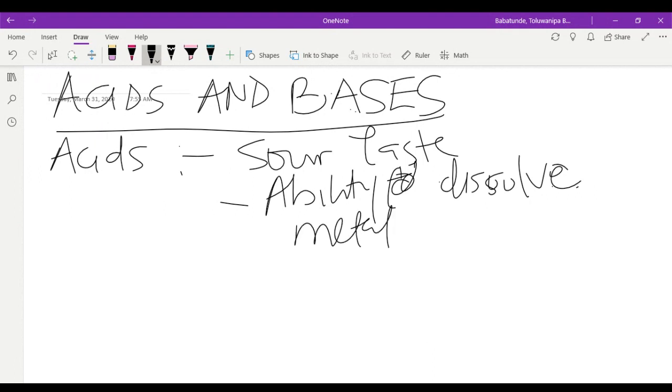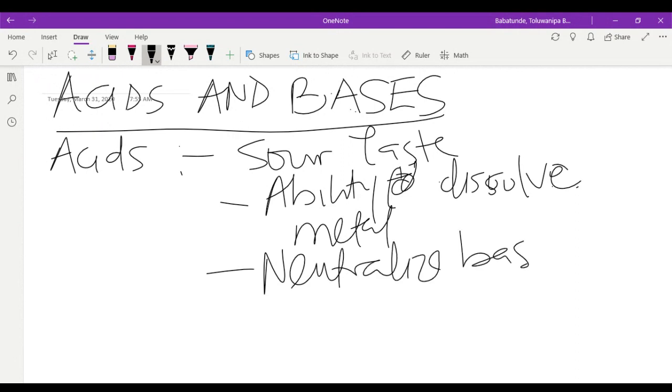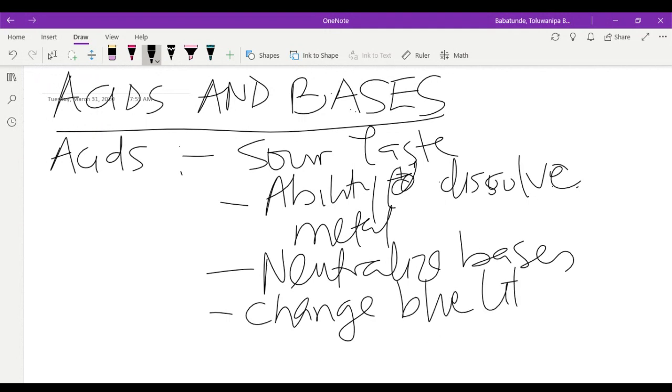And they have the ability to neutralize bases. Of course, they change blue litmus paper to red. These are the properties of acids.